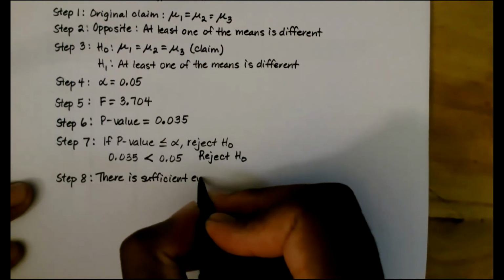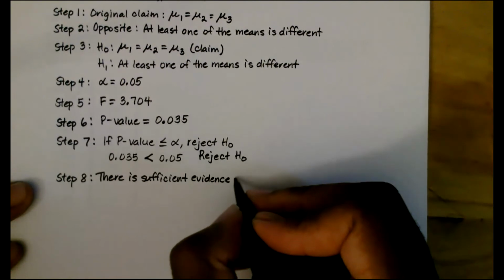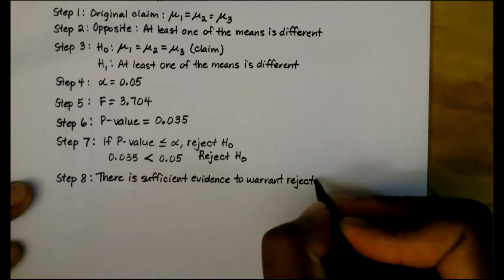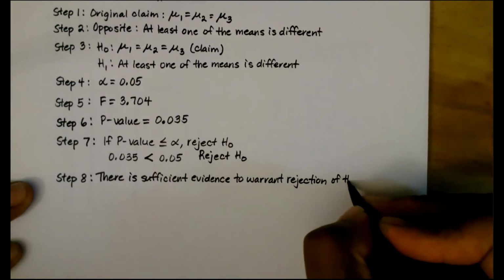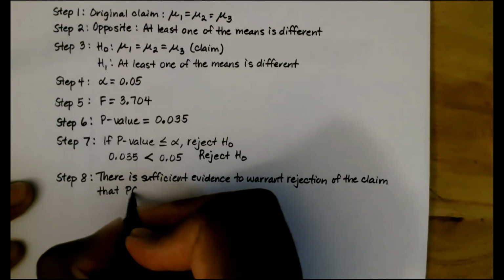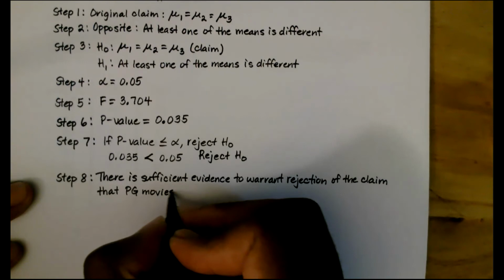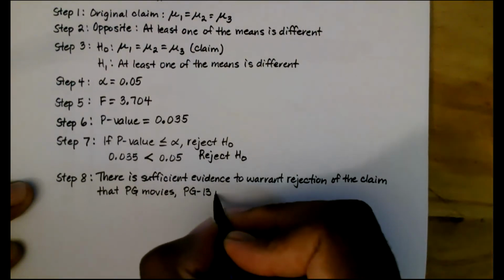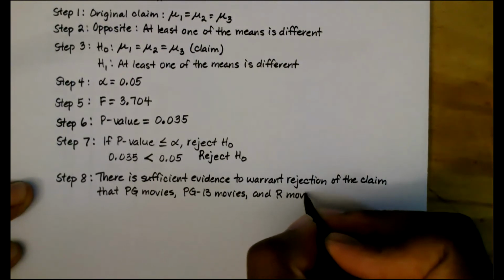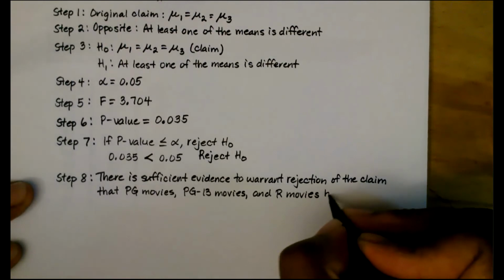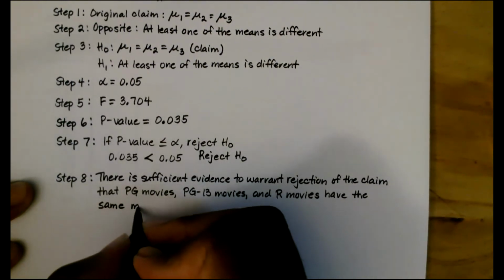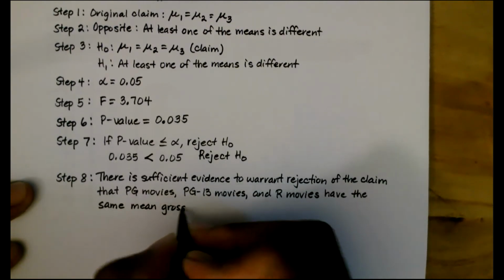So here we'll say there is sufficient evidence to warrant rejection of the claim that PG movies, PG-13 movies, and R movies have the same mean gross amount.